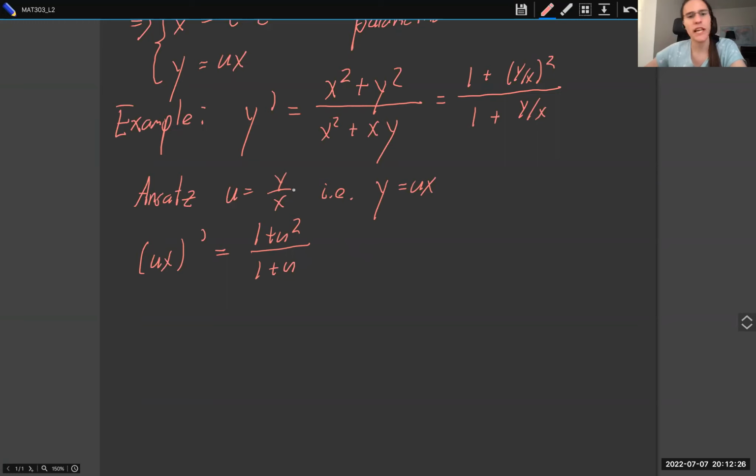Now, what can you tell me? Actually, at this point, I'm going to do this expression. So I'm going to do u prime x, and then when I take the derivative of x, I get u. And then I'm going to bring the u over to the side.